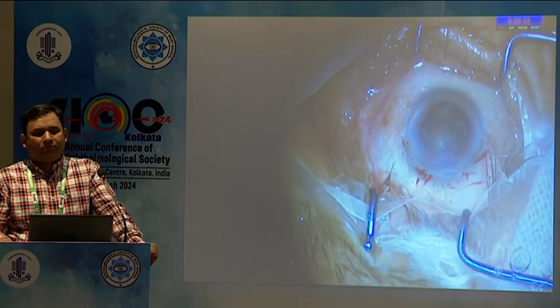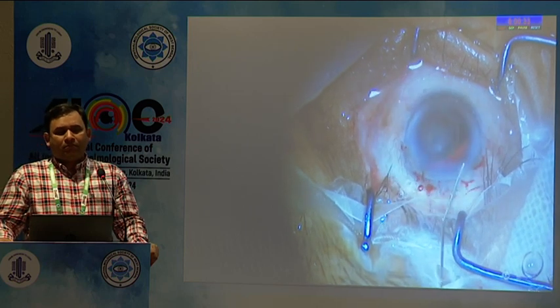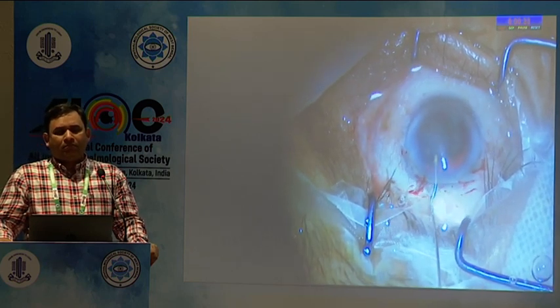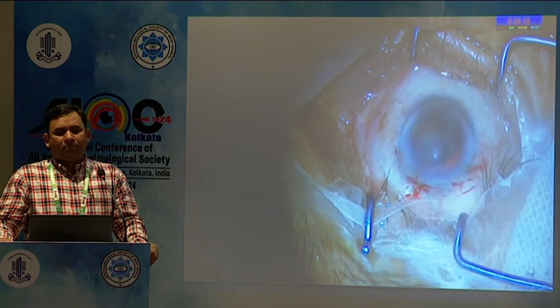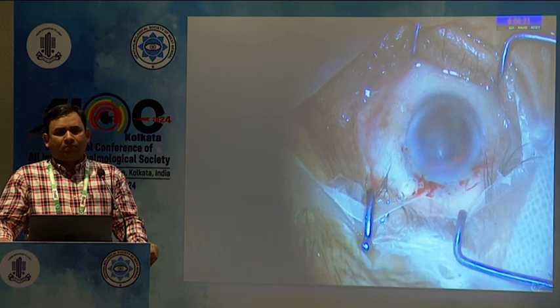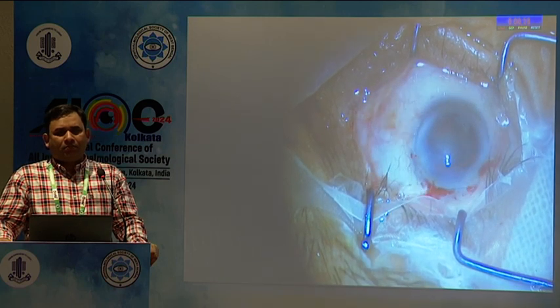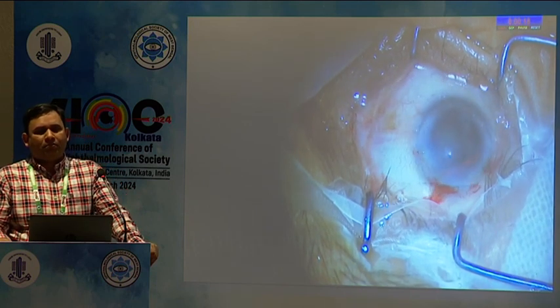Now our plan is a secondary scleral fixated sutureless or sutured IOL in the eye, depending upon the recovery, because the patient is very old, an 85-year-old patient. If the patient is ready for a second surgery, we will perform a secondary IOL in the eye.